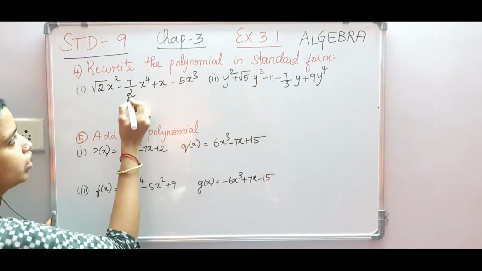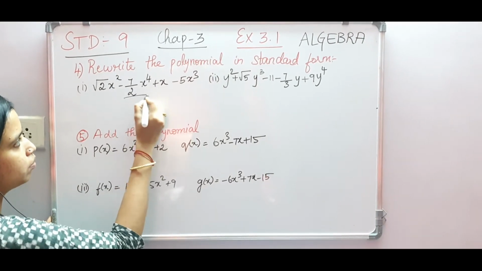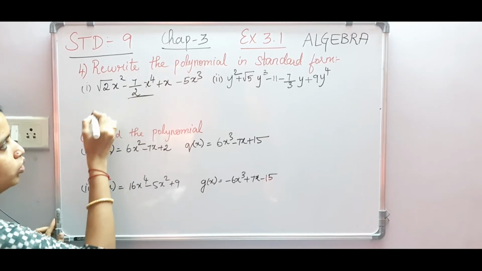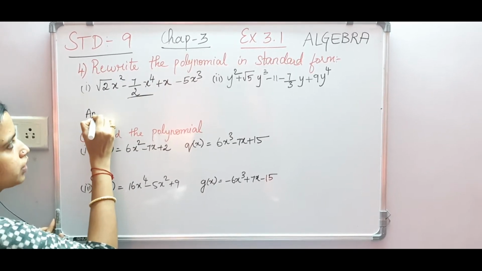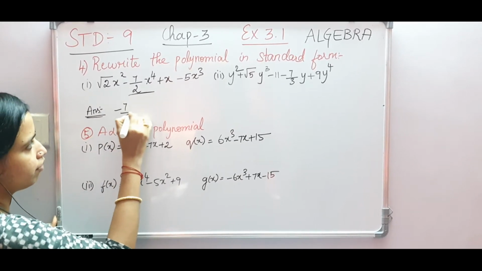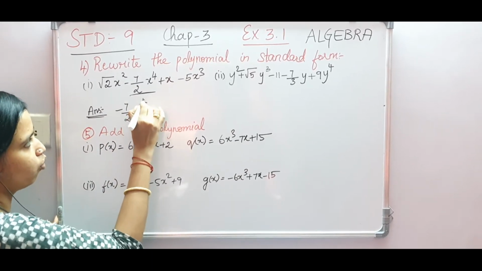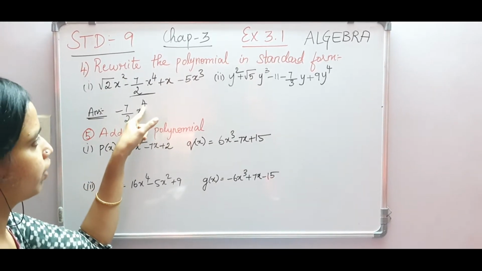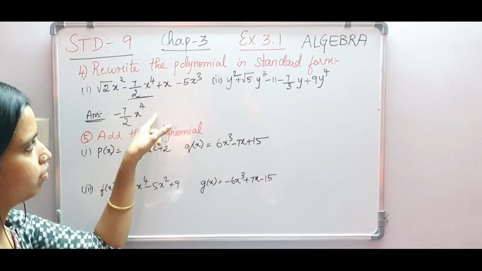So first we can say this term is your first term. You have to check the sign also. So the standard form for this polynomial is minus 7 by 2 x power 4. Since the first degree is now 4, we have to check whether 3 is there.